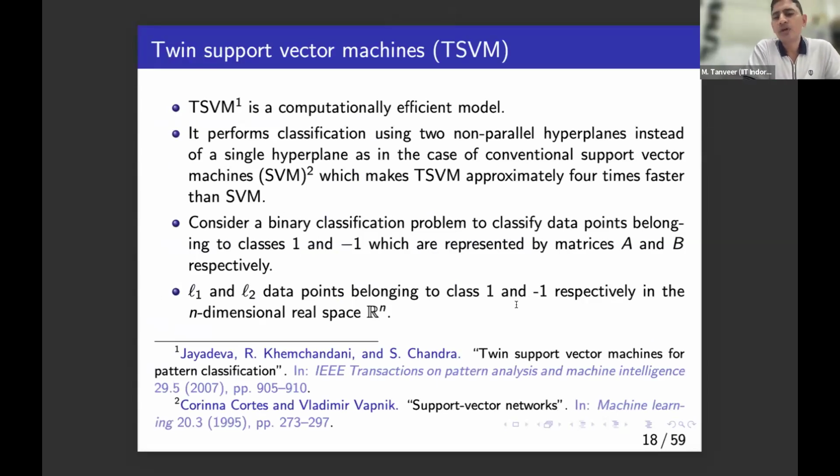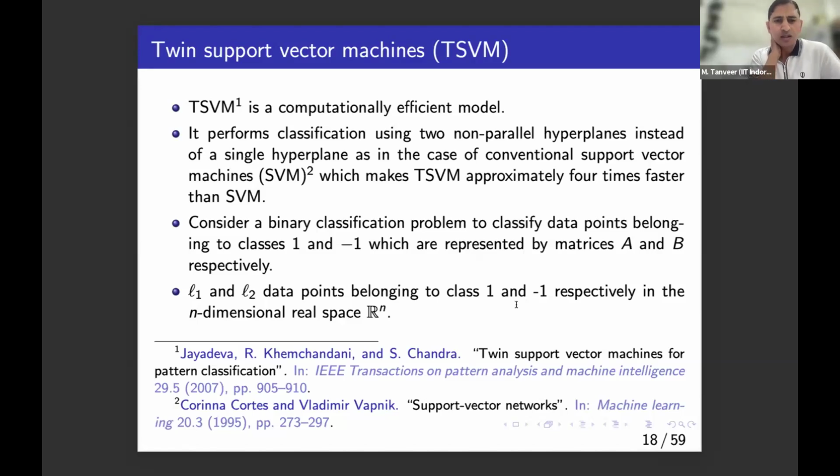It is a computationally efficient model. It performs classification using two non-parallel hyperplanes instead of a single hyperplane. So we usually say this is approximately 4 times faster than SVM.